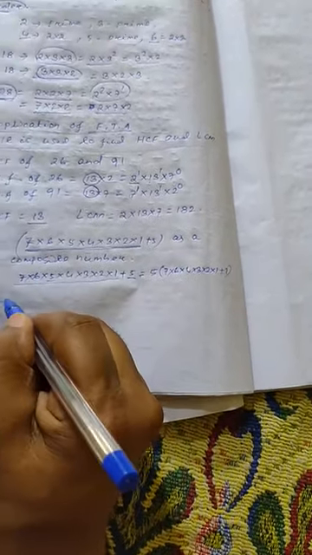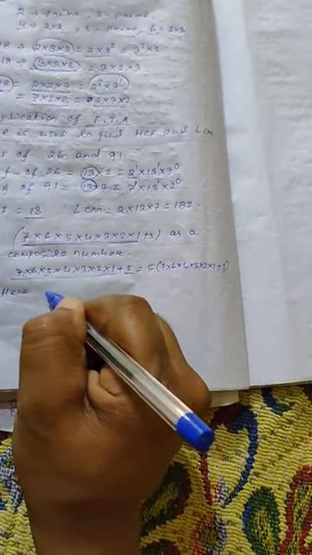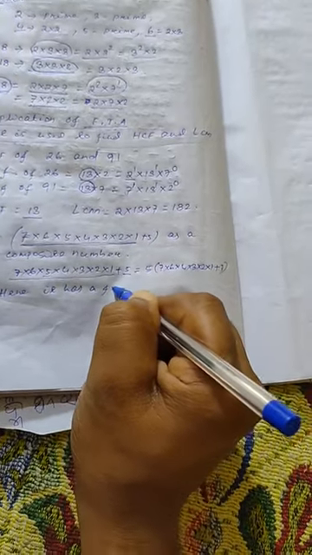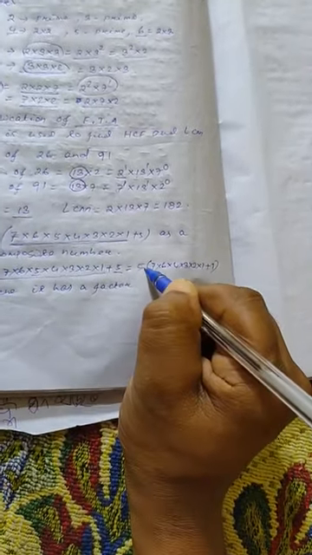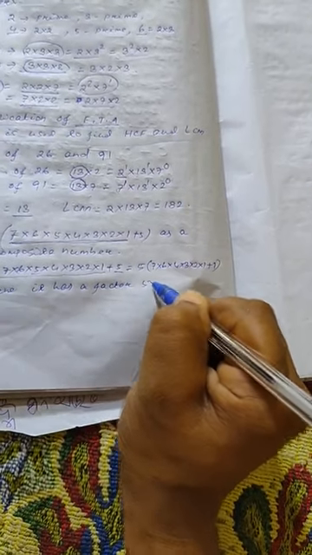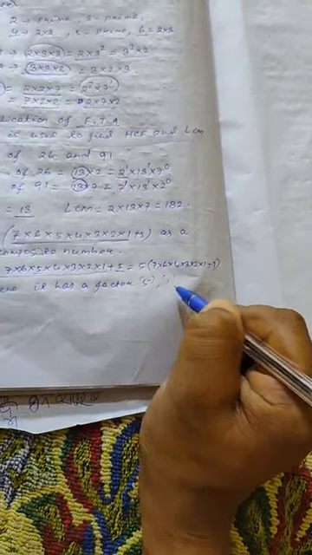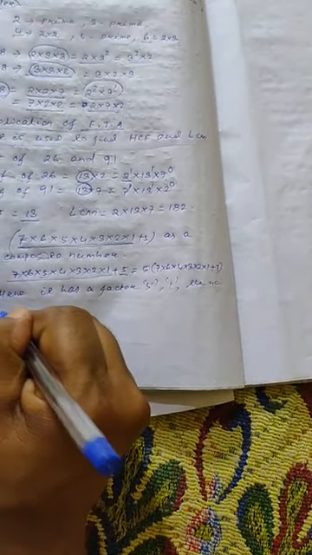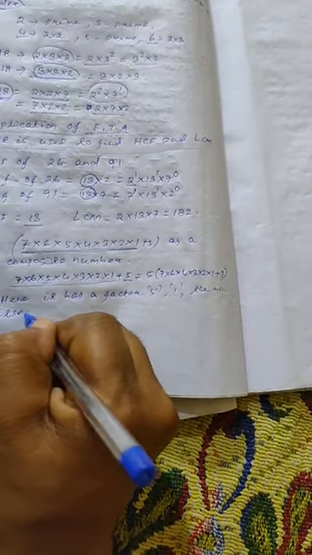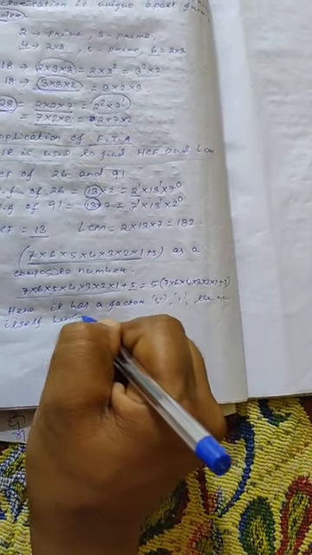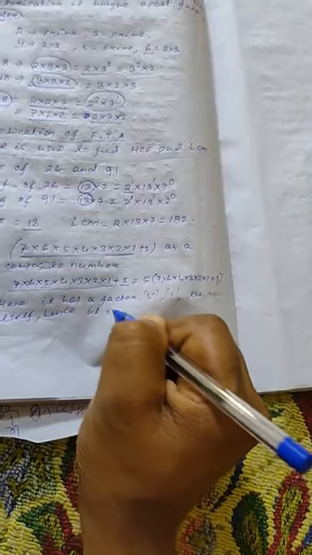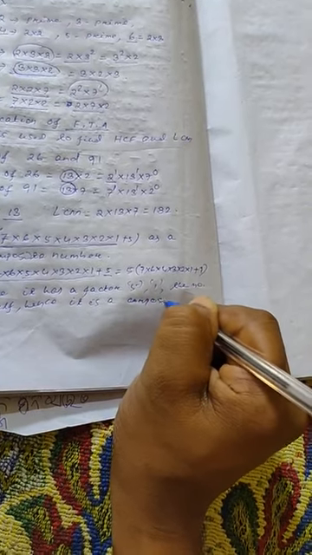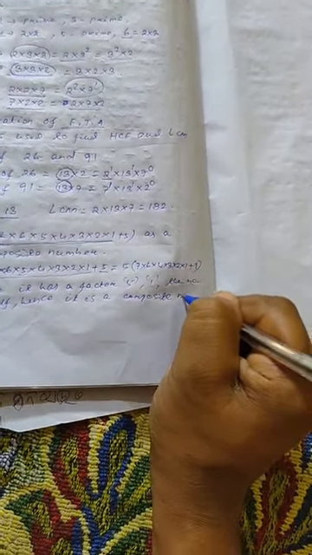So now here it has a factor, because I can write it 5 into this, that means the factors are 5 and 1 and the number itself, hence it is a composite number.